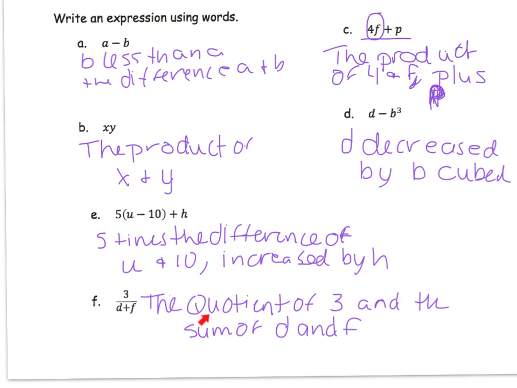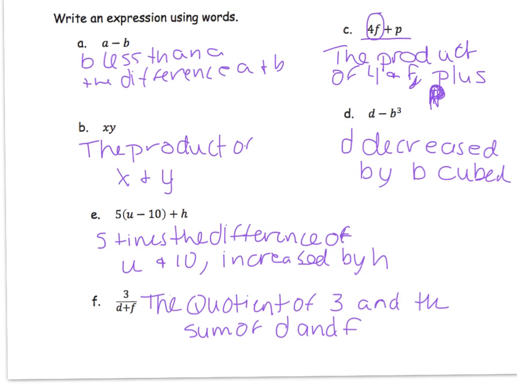All right, F, quotient. Quotient, remember, means division, and it has to stay in order. So 3 is being divided by this sum. So you need to make sure that you have the 3 first. So you're not going to say the quotient of the sum of D and F and 3, because the 3 is on the top. It's in the numerator.